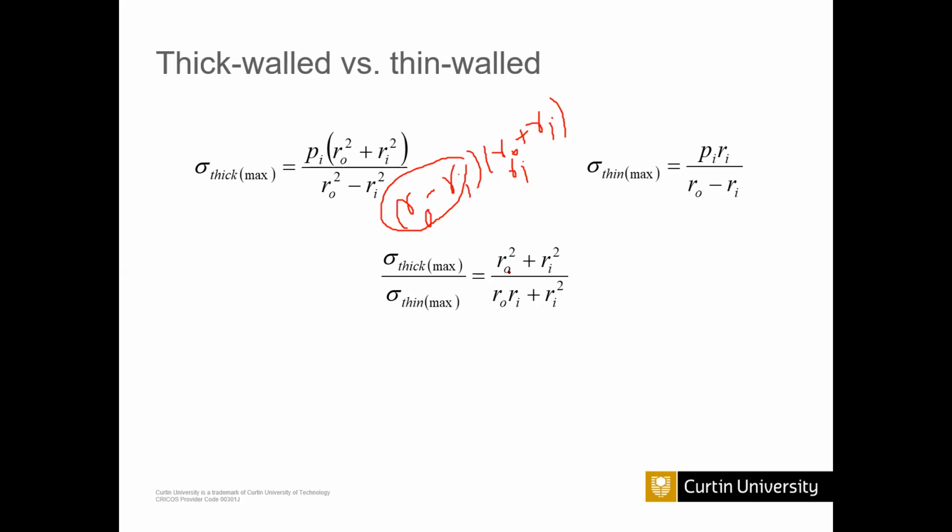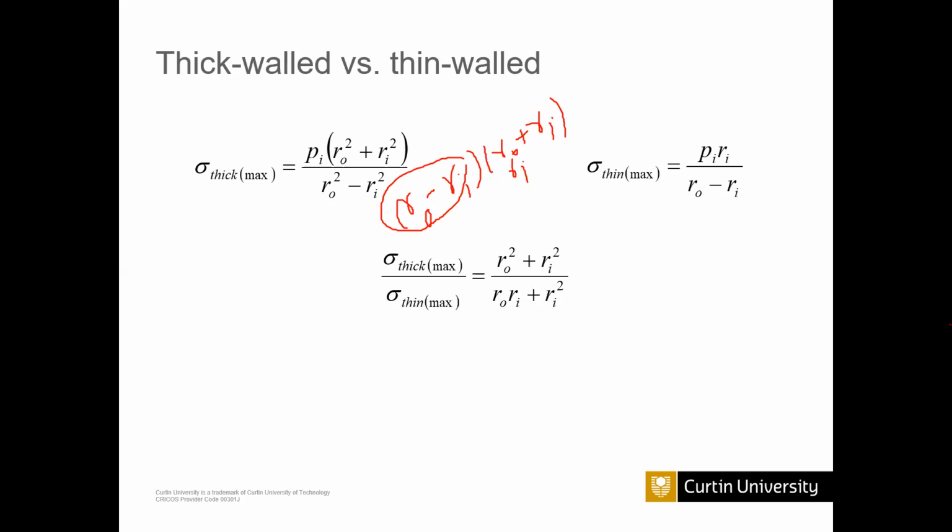Now R naught and Ri are constant values, so you can divide the whole equation, all the terms, by R naught squared. So this will be 1. This is R naught Ri divided by R naught squared, and this will be Ri divided by R naught. This will be Ri divided by R naught squared.